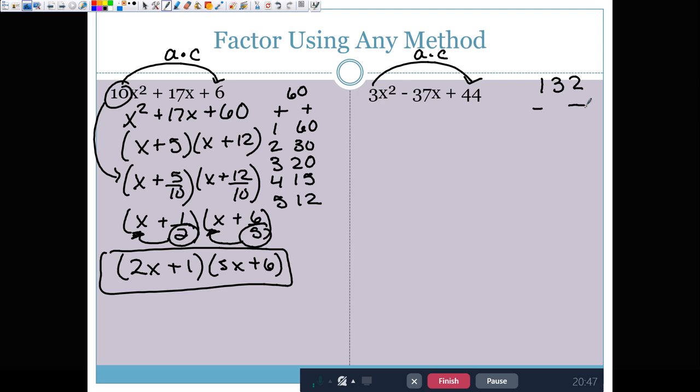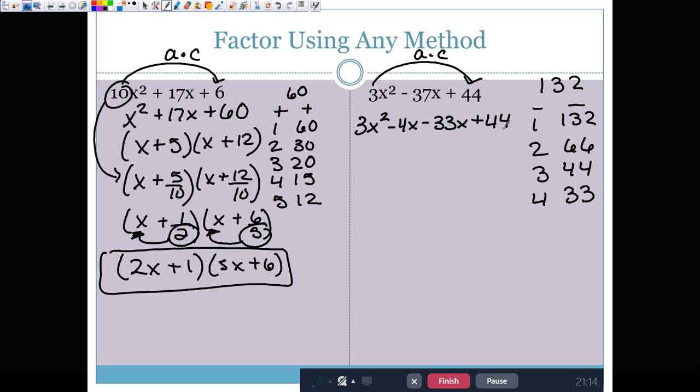So 1 times 132, now 2 times 66, now 3 times 44, now 4 times 33. Yep. So I'm going to replace negative 37x with negative 4x and negative 33x.